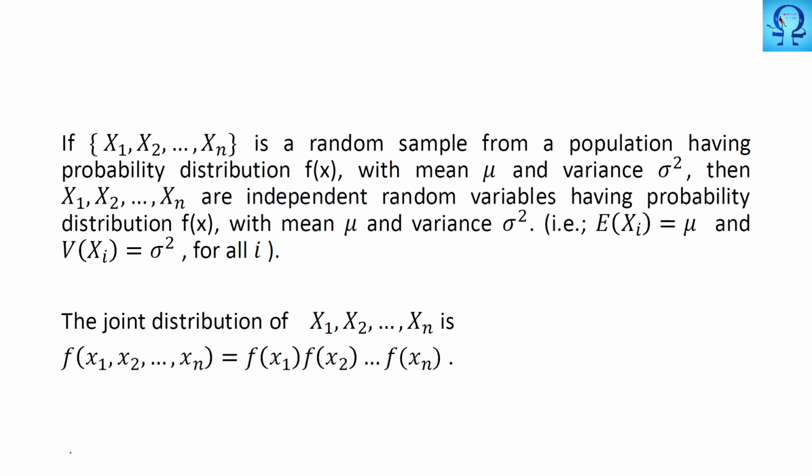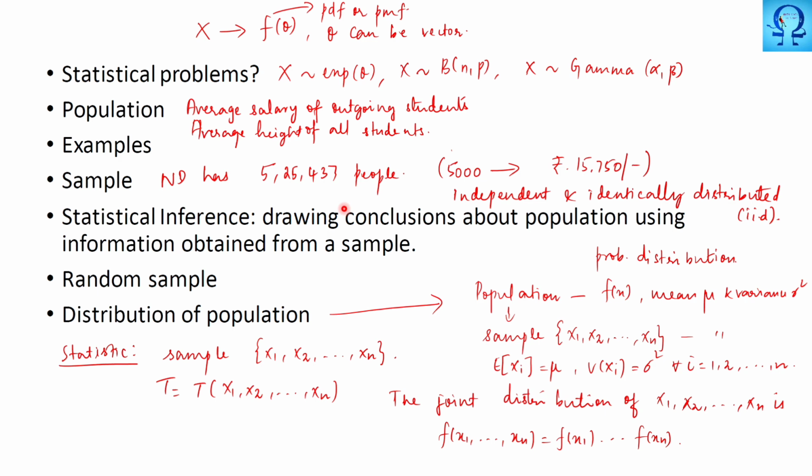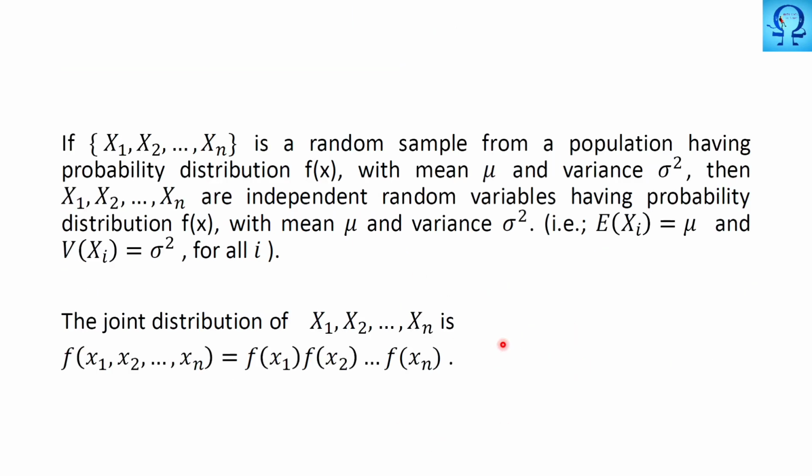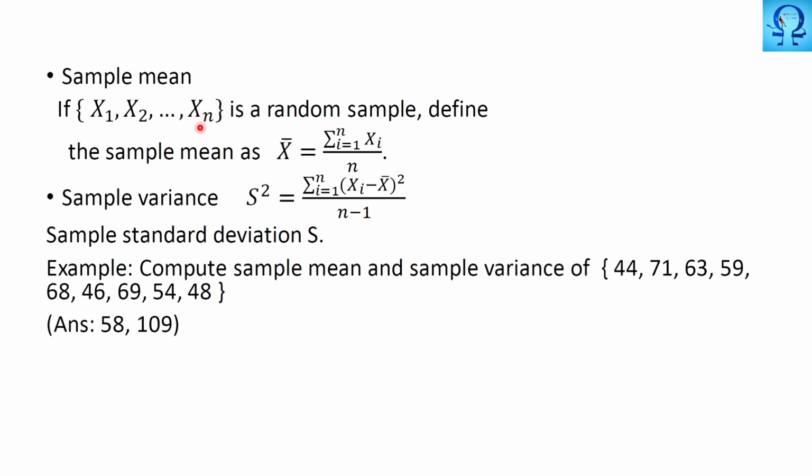Moving further, we have a random sample from a population having this distribution. Then the same thing, the joint distribution I have written, is given here as well.